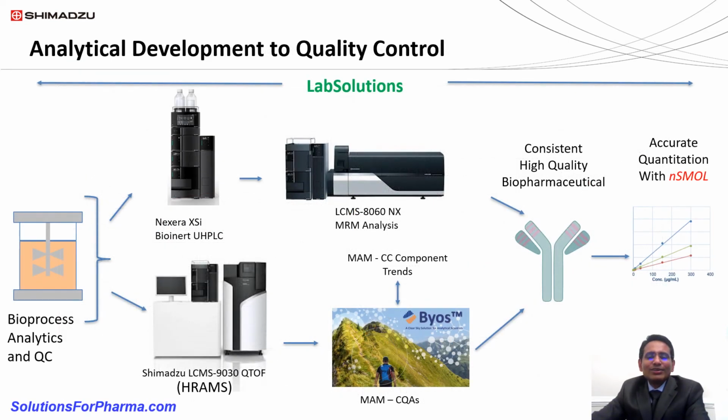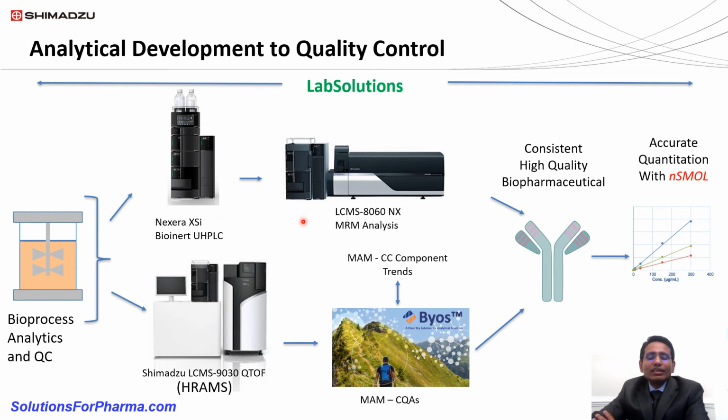Now I would like to summarize my talk. What will happen if we put everything together? Let's think you have a bioprocess analytics and QC lab. You want to do only LC based analysis. You can use Nexera XS inert UHPLC for oligonucleotide, monoclonal antibody, or any kind of biologics analysis without any compromise.